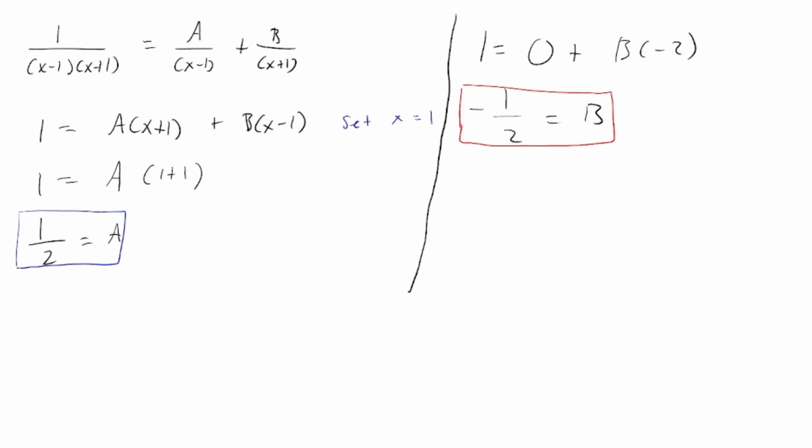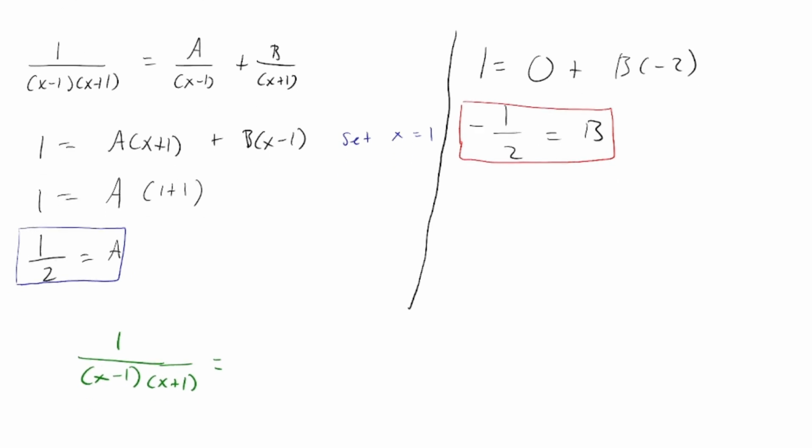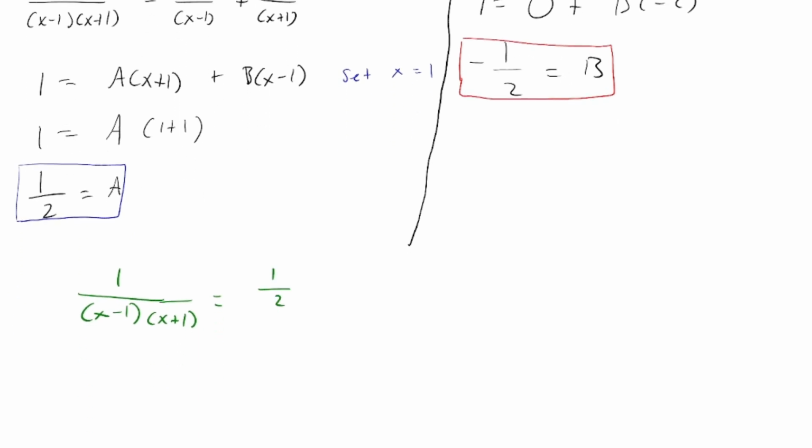Now I can rewrite this. I'm going to write this in green: 1 over (x minus 1)(x plus 1) is basically equivalent to, what's our value of A? Half, so it's half over x minus 1 plus B, which is negative half over x plus 1.